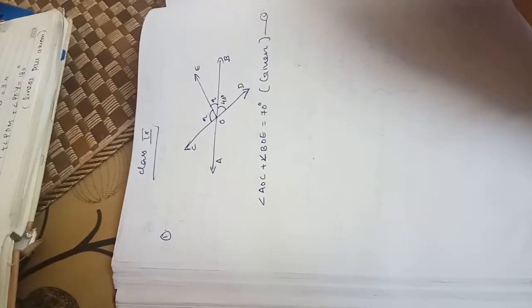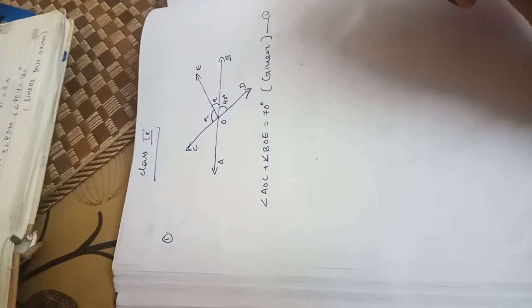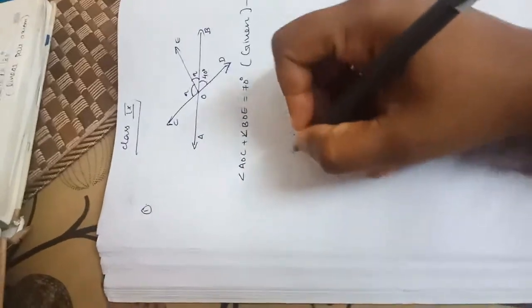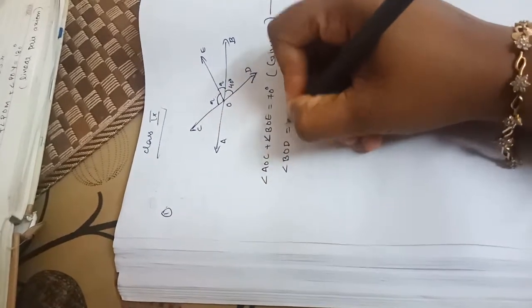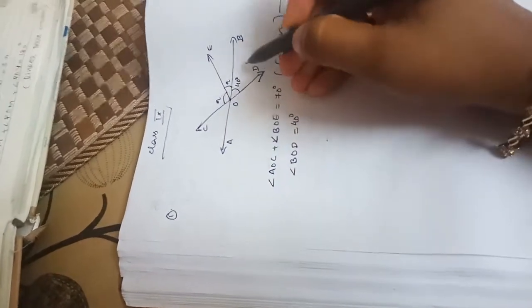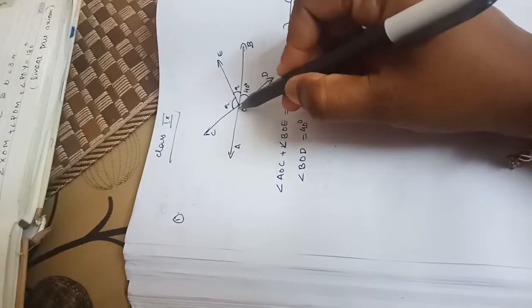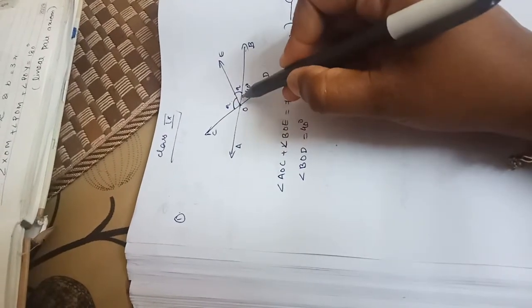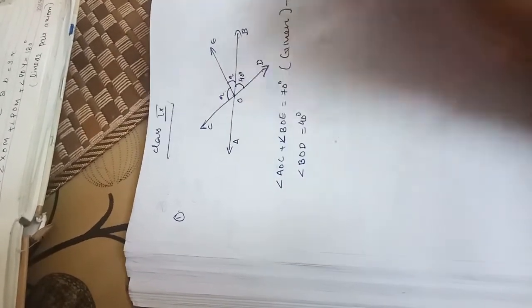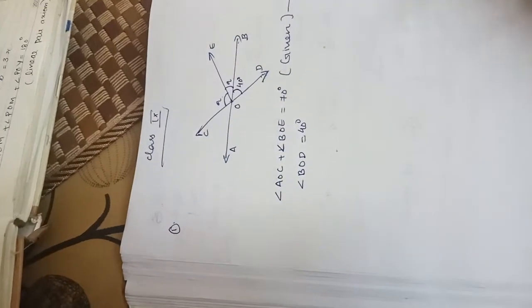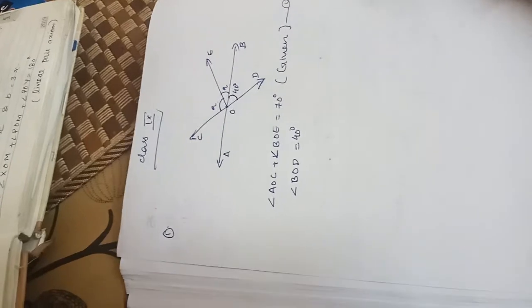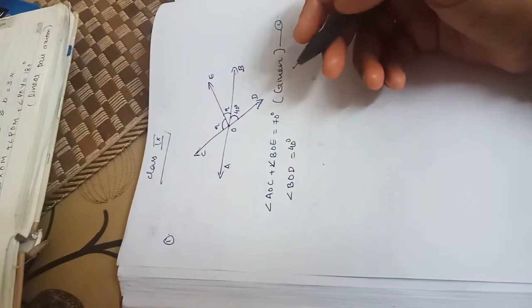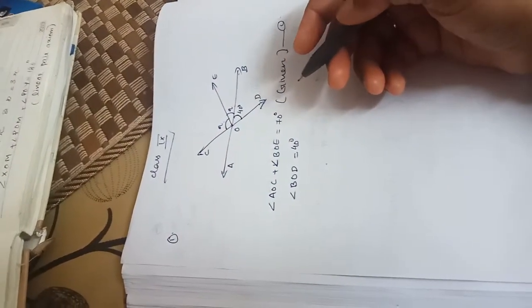Again, angle BOD is equal to 40 degrees. I marked that here. Angle BOD, this angle, is equal to 40 degrees. Then we have to find angle BOE and reflex angle COE.